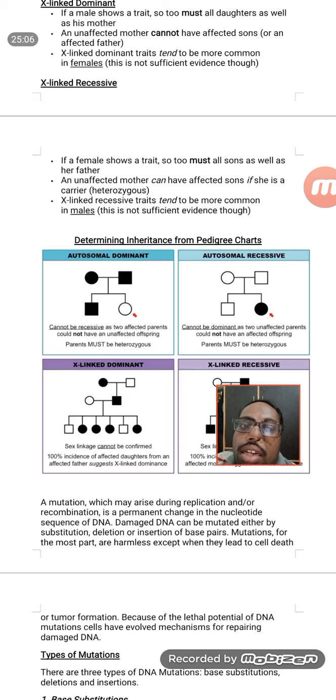Heterozygous is the only condition where you get one dominant gene and one recessive gene. When the recessive genes come together, only then will they get the particular disease. That is the main thing you have to understand.